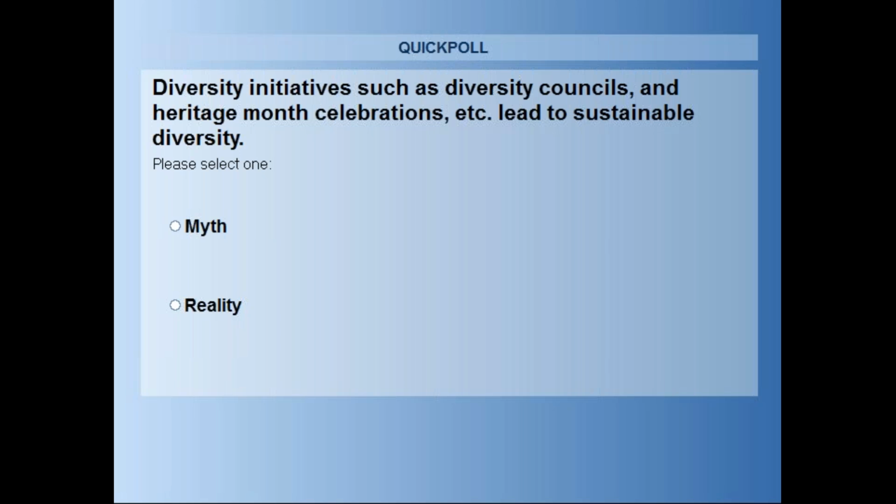Sarah, because you have control, I can't do the poll. There it is. So I want to give you a few minutes to think about this one. Is it a myth or reality that diversity initiatives such as diversity councils and things like Heritage Months, those programmable things we do, lead to sustainable diversity?